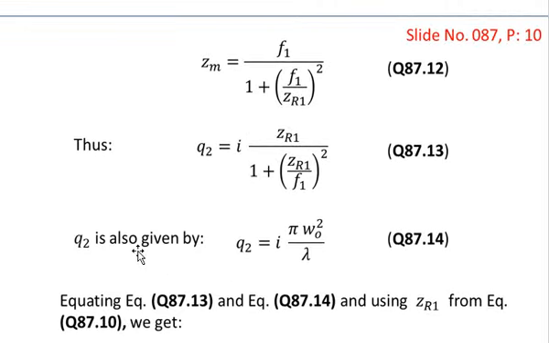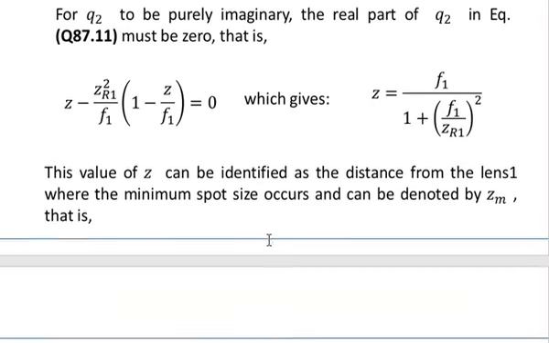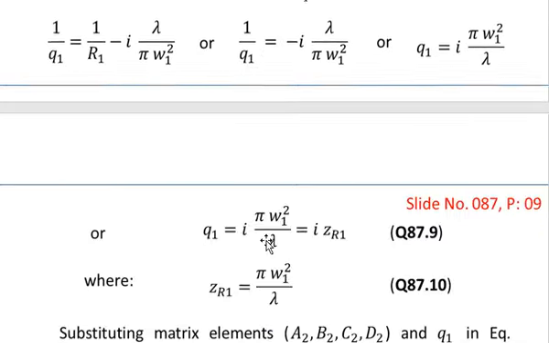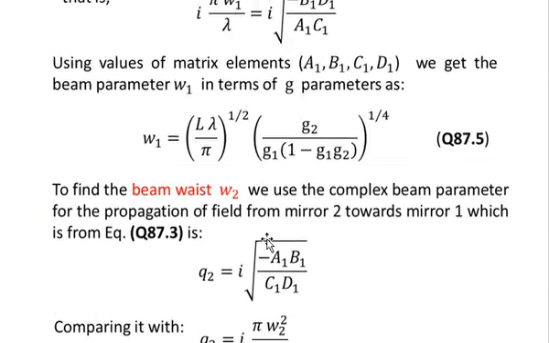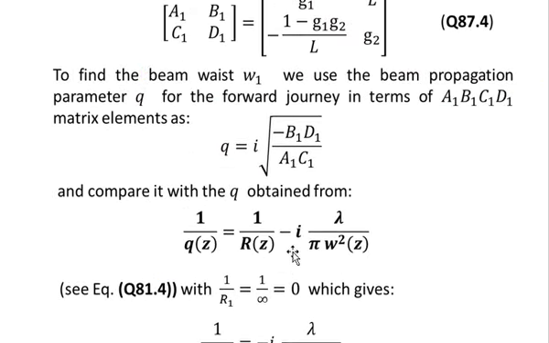But you know that q2 is also given by q2 is equal to iota times pi w naught square over lambda, because this is q naught, that is at the location of the beam waist w naught. You can use this equation to find out the value of q, because you need to set 1 over r equal to infinity.